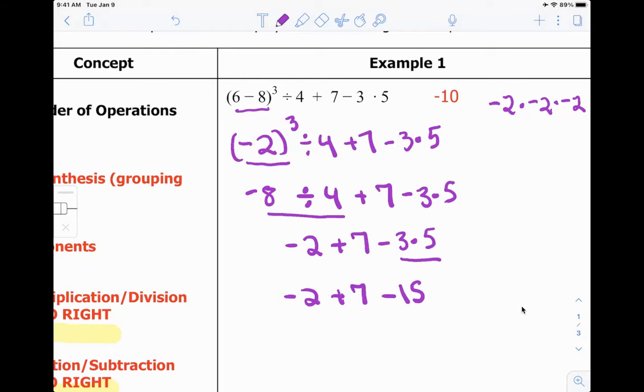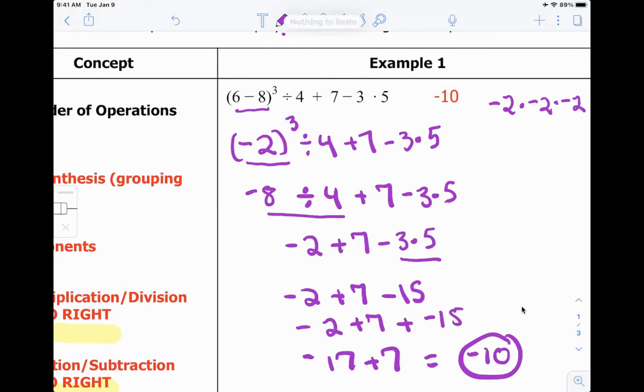And remember, subtraction is just adding the opposite. So I can actually rewrite all of my subtraction as adding the opposite. So this would be -2 plus 7 plus -15. I'm going to combine my negative numbers first because order doesn't matter. So I have -17 plus 7, which equals -10.